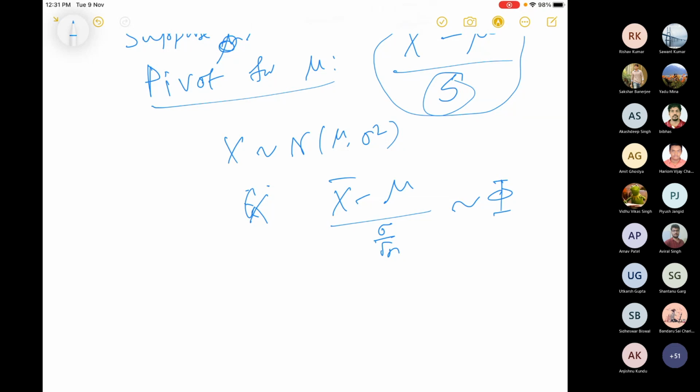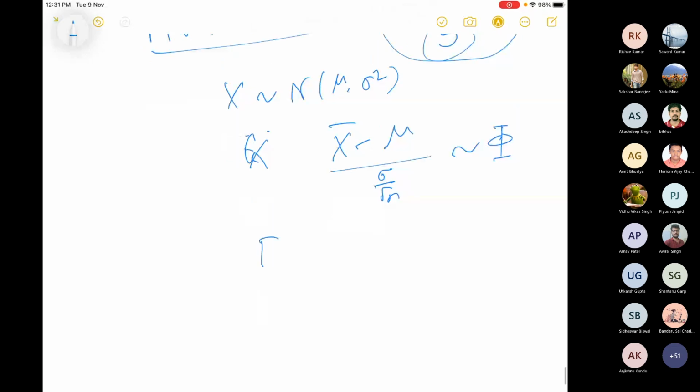So what we can say is the probability... now see how I am finding the confidence interval. I need to define a term, Z alpha. Let X bar minus mu by sigma by root n be such that the probability of it lying within plus or minus Z alpha is 1 minus 2 alpha. Now what is Z alpha here?